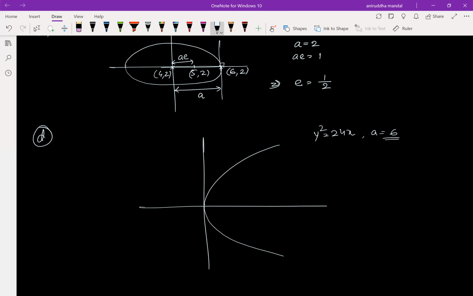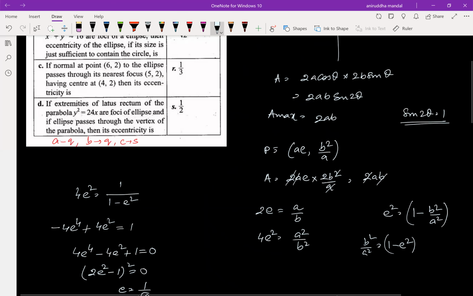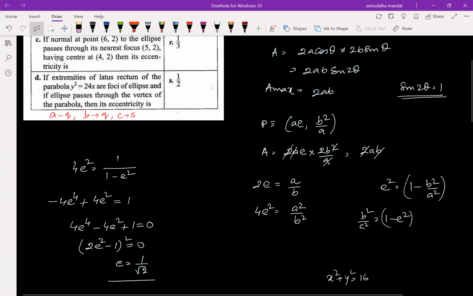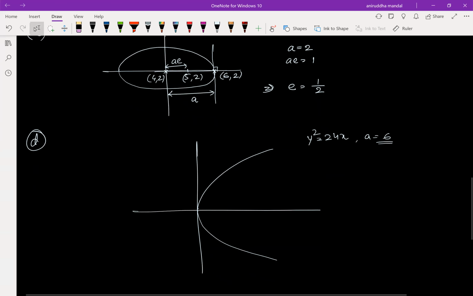So these are the extremities of the latus rectum of the parabola. The focus is 6 comma 0, so the ends are A comma 2A, which means 6 comma 12, and this is 6 comma minus 12.